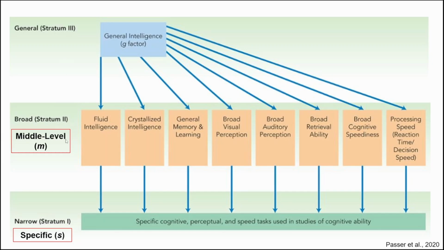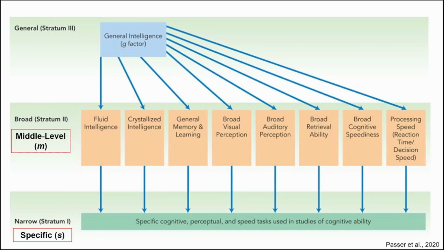This would be that middle level in that hierarchy. So that's the M's. And at the bottom, we have narrow or specific, our S's. So same basic idea, just because this was Carroll's idea, he kept the same general and specific above and below, but of course named them slightly differently.